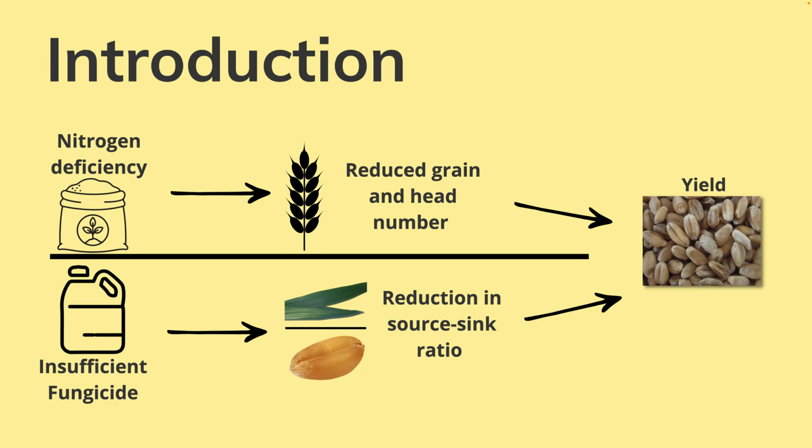If you're not controlling a fungal disease in your field, you will lose lots of leaves, and the proportion of leaves to grains will be reduced. So you will have fewer leaves promoting photosynthesis, and your plants will have fewer carbohydrates and sugars to develop. Of course, this will impact yield.